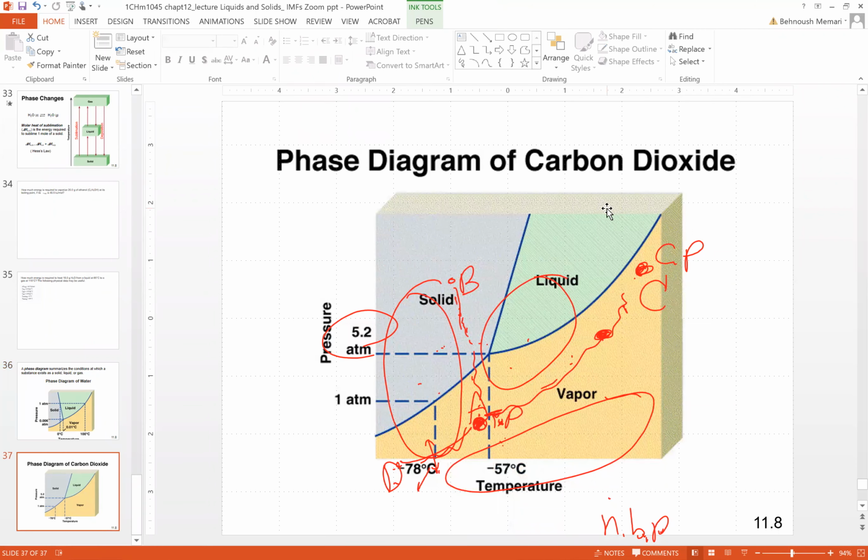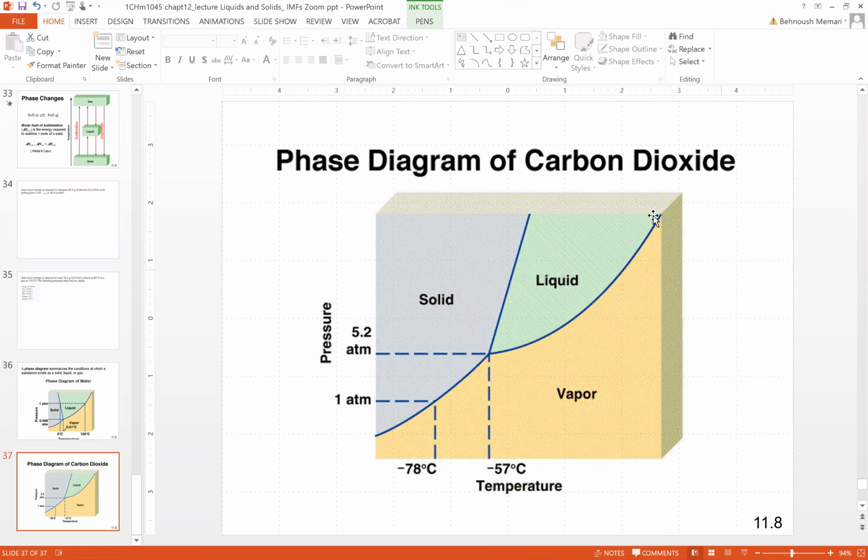For carbon dioxide, the phase diagram is very similar. Just as a review, you have the triple point here, you have critical point there, you have your sublimation line here, sublimation, you have melting.